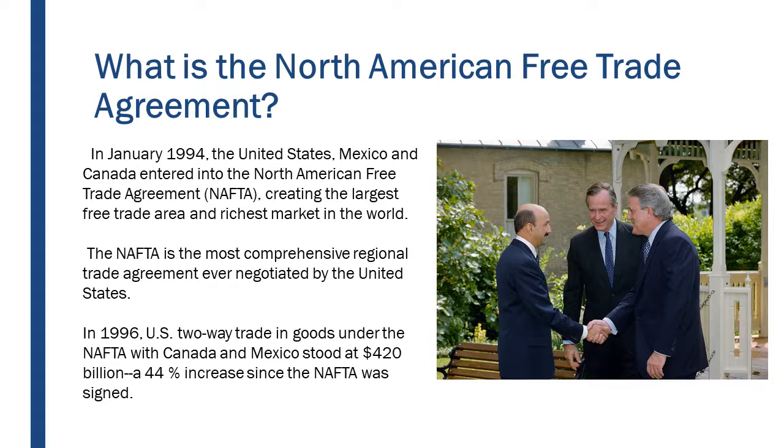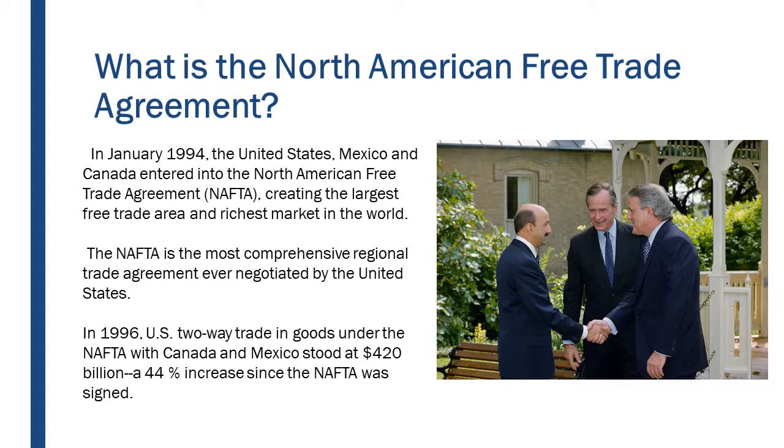In 1996, U.S. two-way trading goods under the NAFTA with Canada and Mexico stood at $420 billion, a 44% increase since the NAFTA was signed. It was a controversial trade that gradually eliminated most tariffs and other trade barriers on products and services.